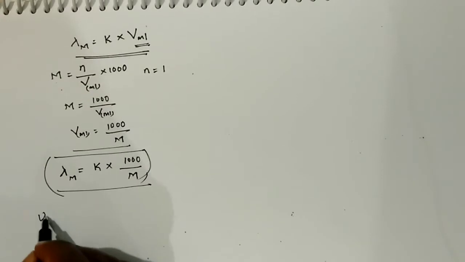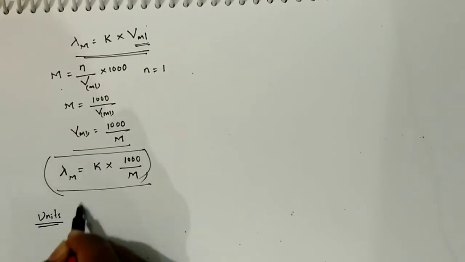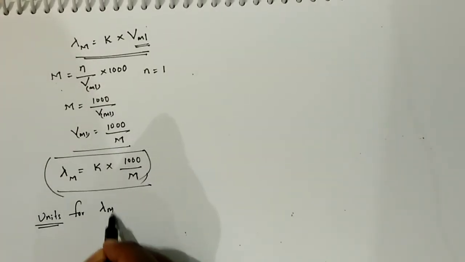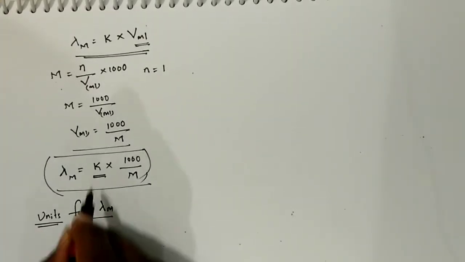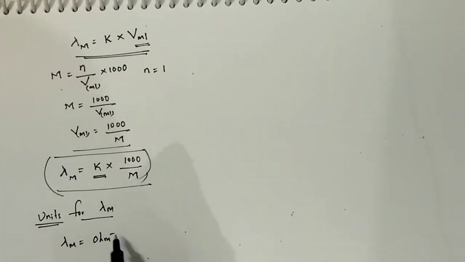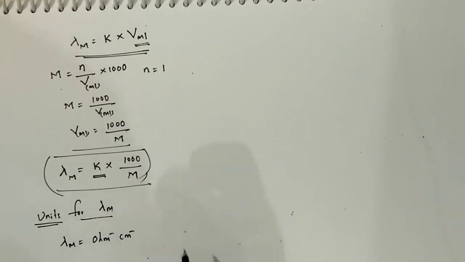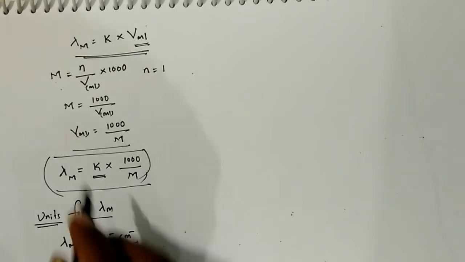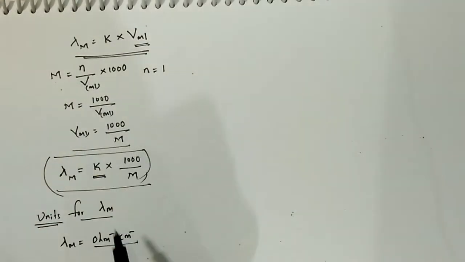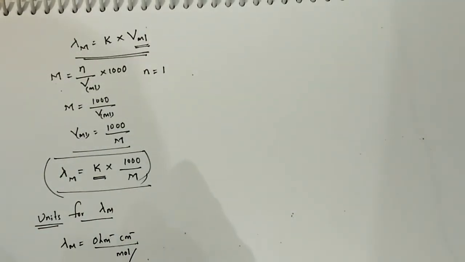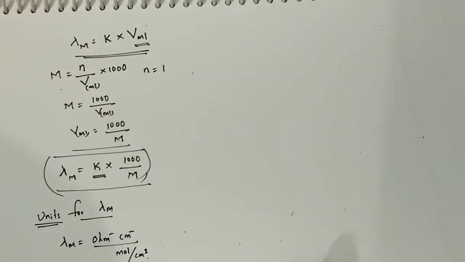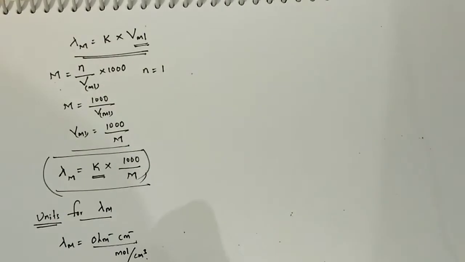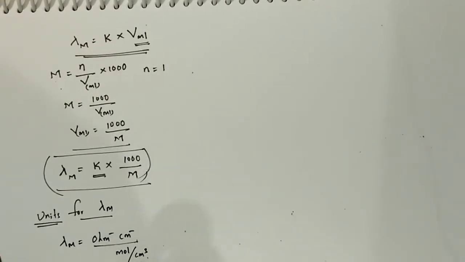What are the units for molar conductance? We know the specific conductance units: ohm inverse centimeter inverse, and 1000. By molarity units, what? Molarity is number of moles per volume. Volume I am taking in centimeter cube, in mL, right? So mole per centimeter cube.